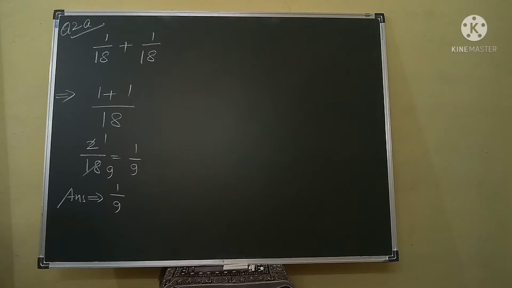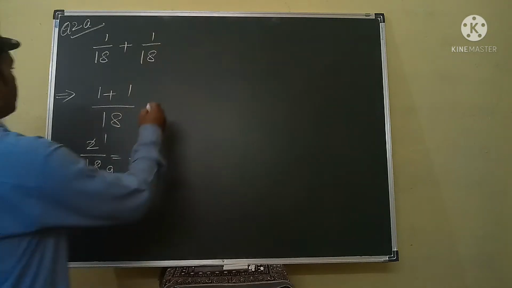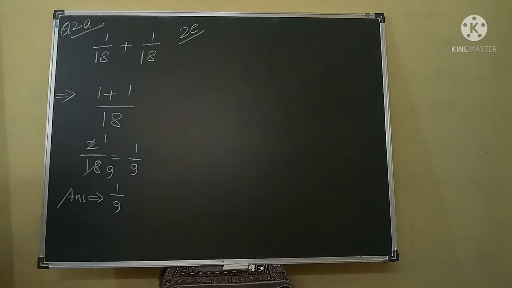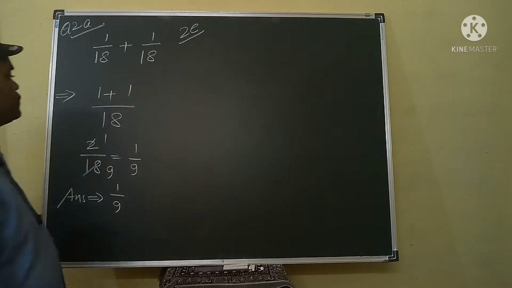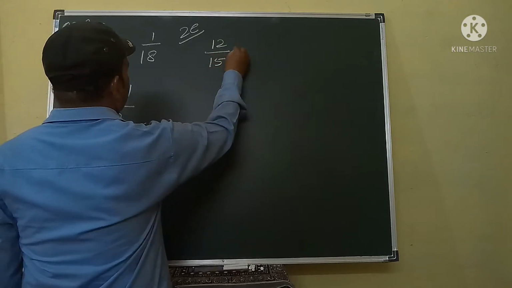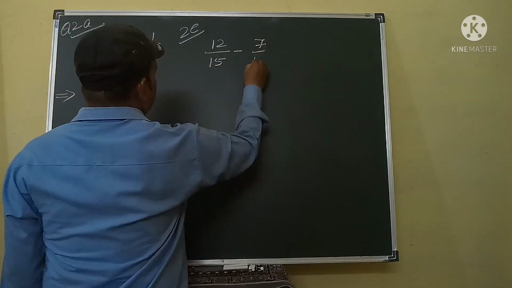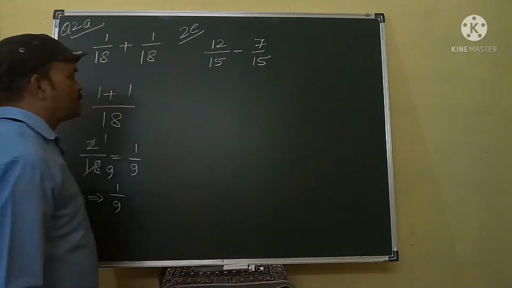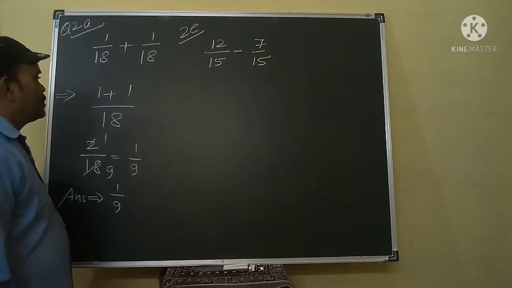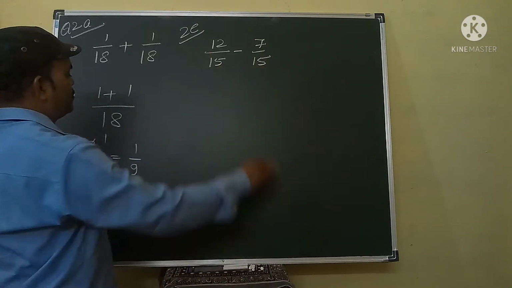Then we will discuss question number 2e. In question 2e, 12 upon 15 minus 7 upon 15. How will we do it?